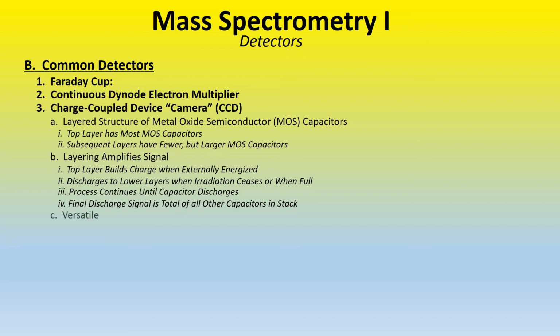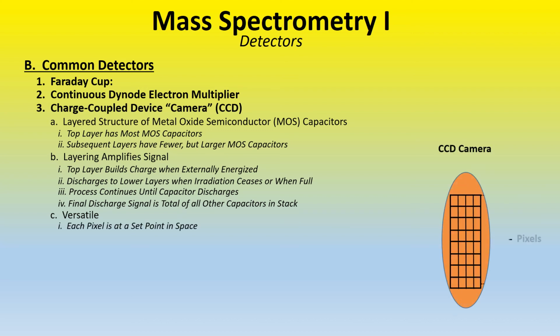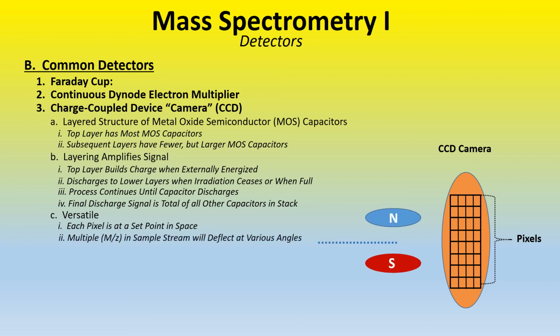CCD cameras are versatile. Each pixel is composed of multiple stacks of capacitors and is set at an exact point in space on the device. After passing through a magnetic field, multiple m/z values in the same sample stream will deflect at various angles.